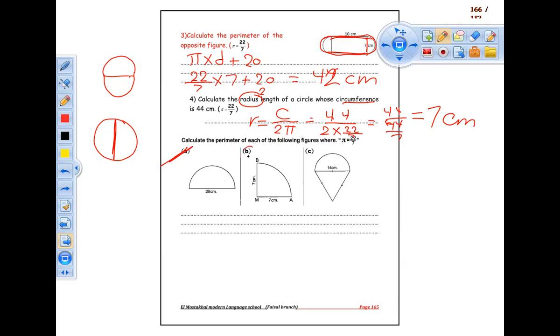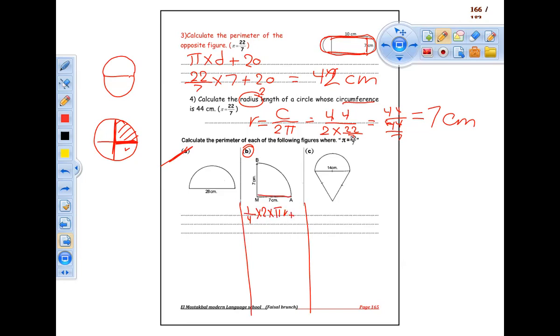This shape, what is this shape? If we have a circle here, look here, this circle, if we take this part, it's called a quarter of a circle. This side, this length is the radius. Then we have here a radius. Then first we have a quarter of a circle, then quarter by 2 pi R. Plus what?